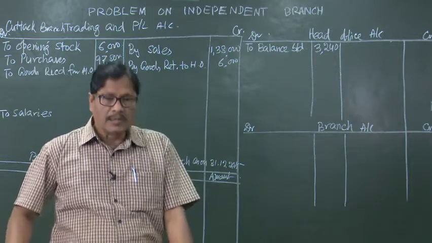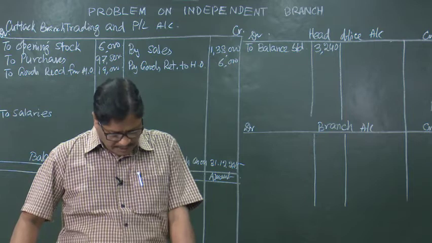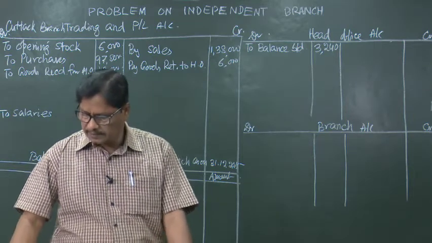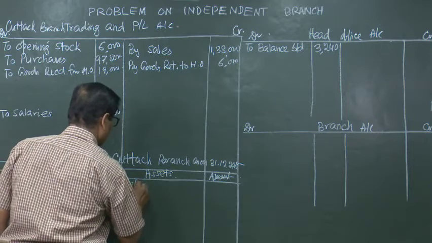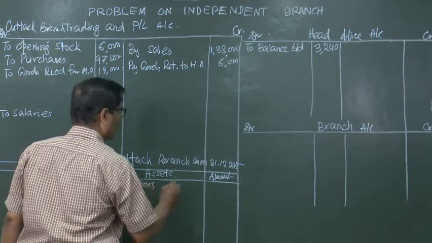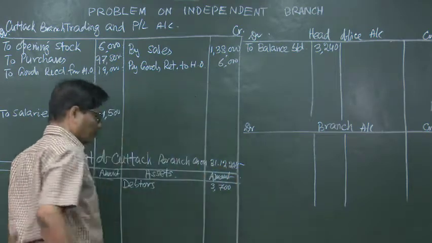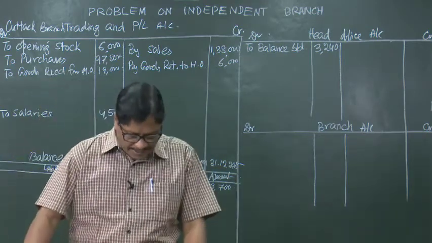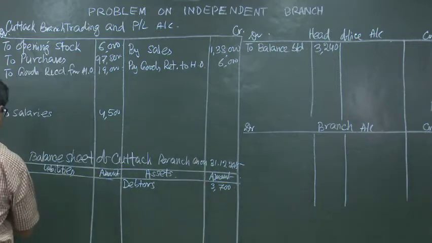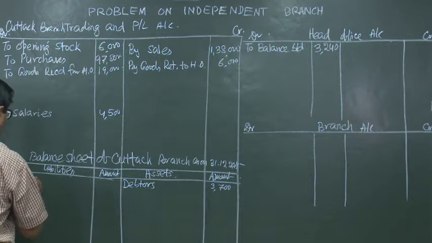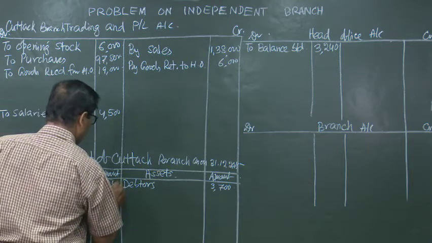Debtors. So, in the balance sheet debtors will appear at rupees 3,700. Similarly, the creditors are 1,850, which we can write here on the liability side, creditors 1,850.